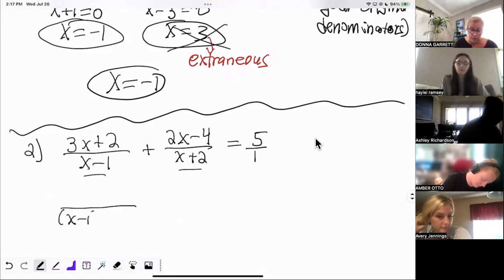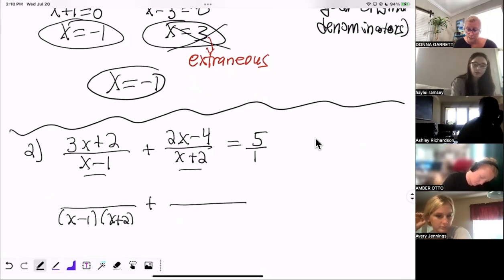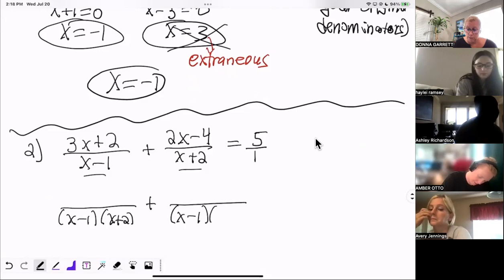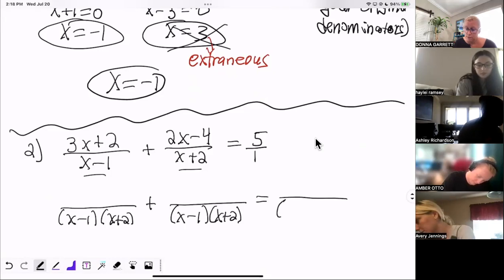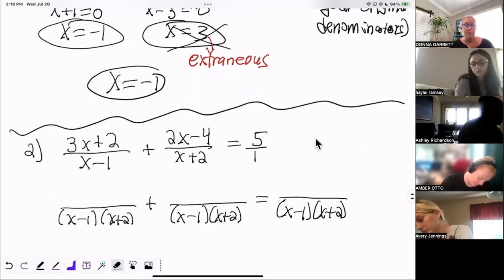So x minus 1 times x plus 2 plus x minus 1 times x plus 2 equals x minus 1 times x plus 2. So that's my basis. I set it up. I'm ready to go. Now I can figure out what I can multiply by to fix all the numerators.